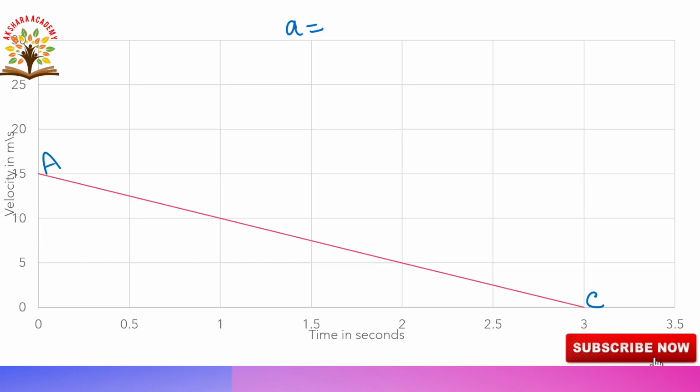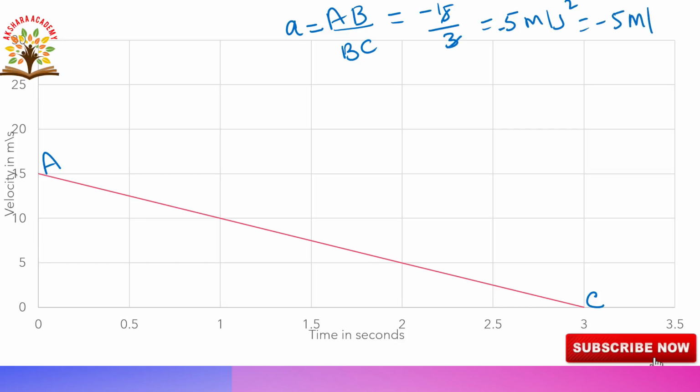So slope of the graph is AB by BC. a is equal to change in velocity by time taken, that is 0 minus 15, minus 15 by 3. Minus 15 by 3, how much? 3 ones are 3, 3 fives are 15. So minus 5 meters per second square. Minus indicates negative acceleration, also known as retardation. Notice that the acceleration is negative, so the body undergoes uniform retardation, which is nothing but negative acceleration.